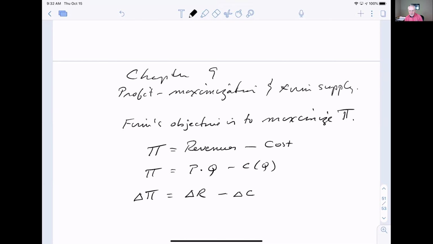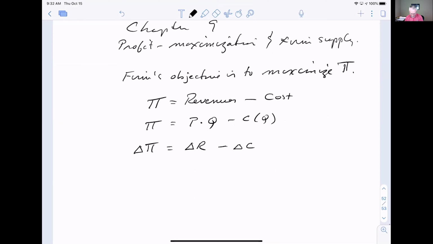And if I were to put this in marginal terms, then what is marginal profit going to be? Marginal profit is going to be equal to the change in profit for some given change in the firm's level of output. So this is marginal profit, delta pi over delta Q, for some small change in Q. And since I divided the left-hand side of this expression by delta Q, I have to do the same to the right-hand side.